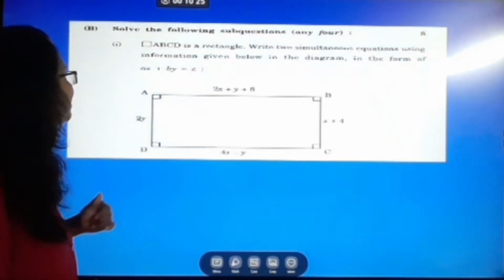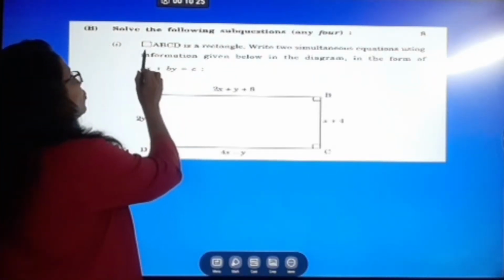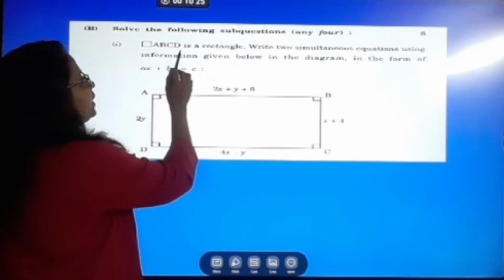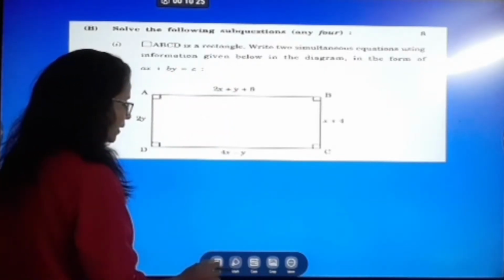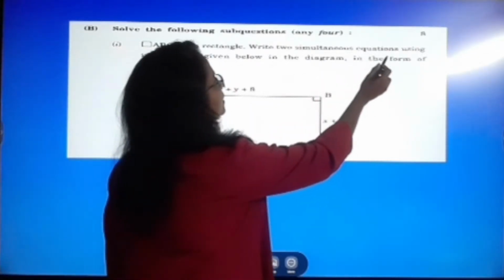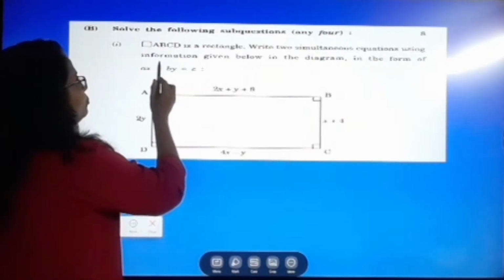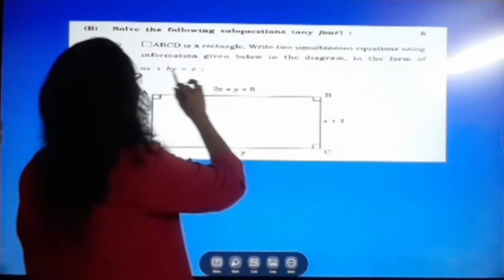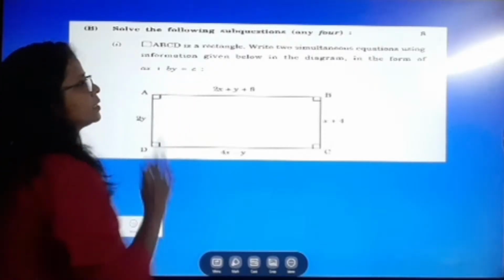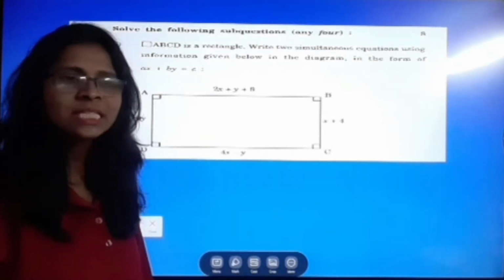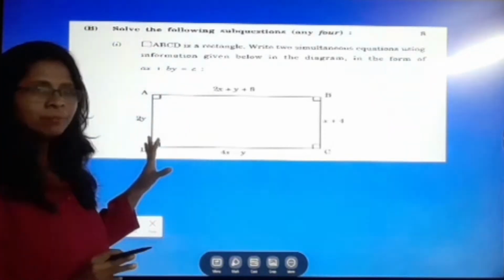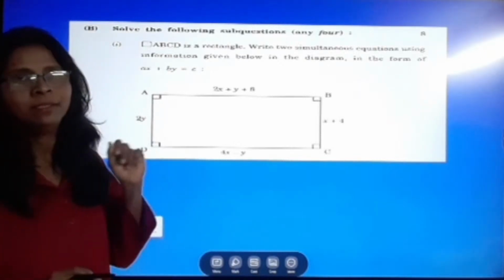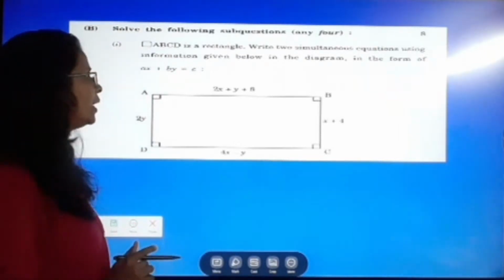Okay, चला आपण बघूया. First one, quadrilateral ABCD is a rectangle. Write two simultaneous equations using information given below in the diagram in the form of ax plus by is equal to c. Okay students, and here the diagram is for the rectangle.